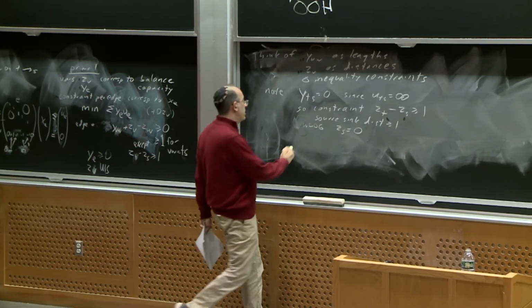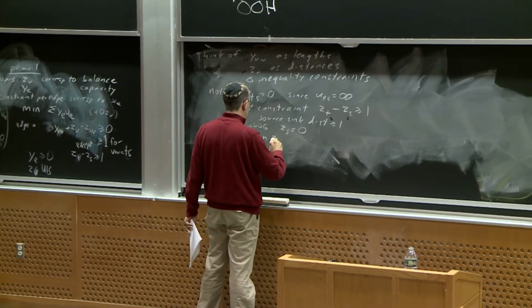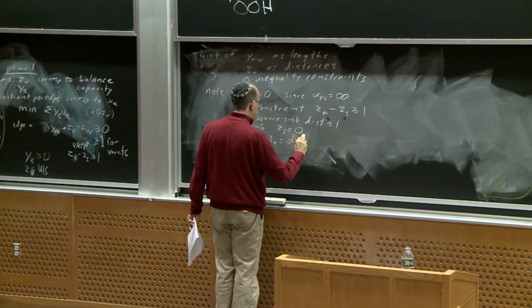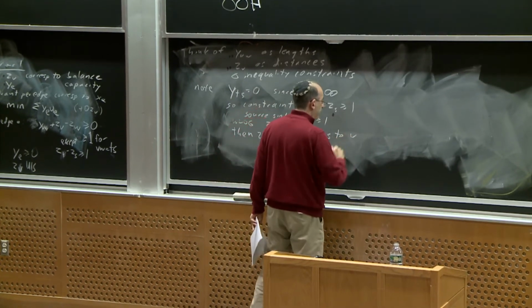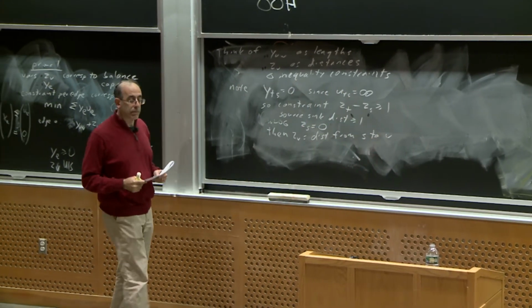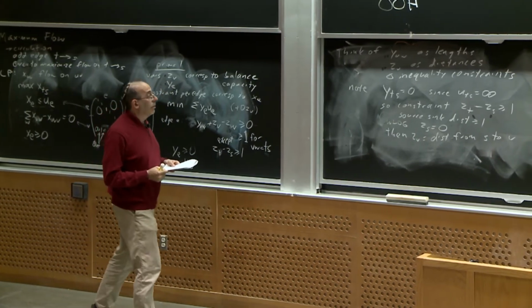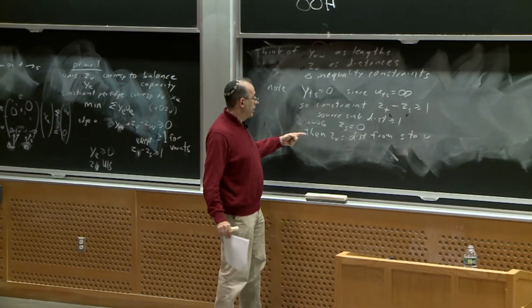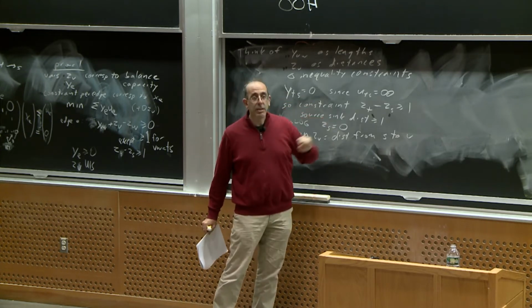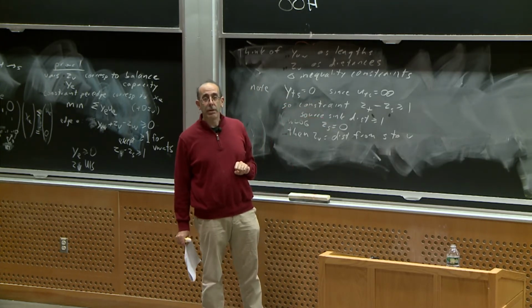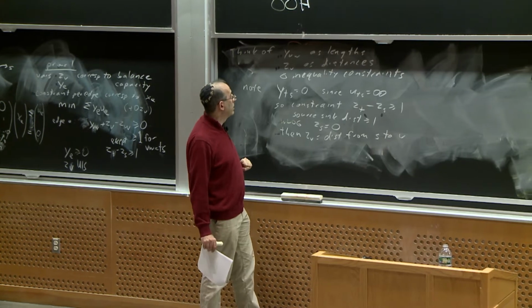And then zv is just equal to the distance from S to V. So we have this constraint that says that we want to force T and S to be separated by a distance of at least 1.